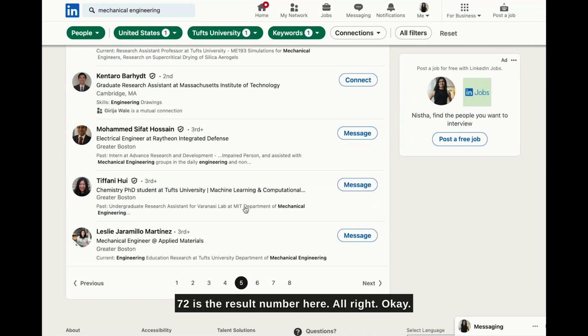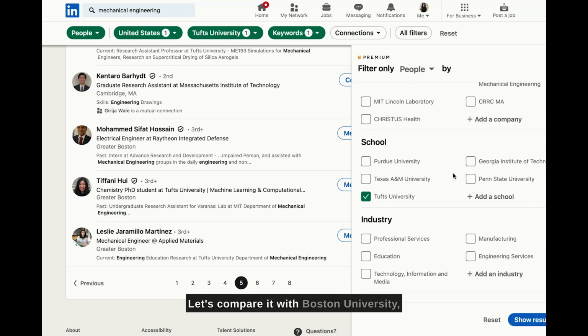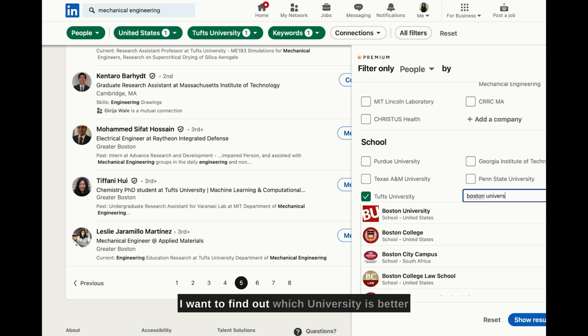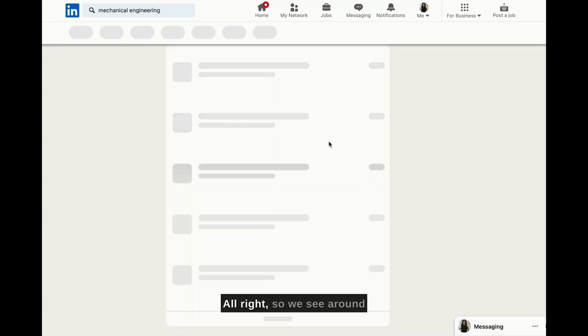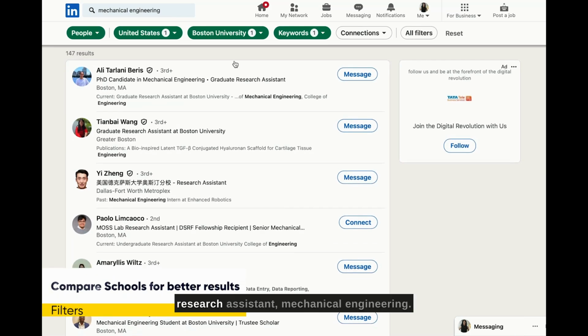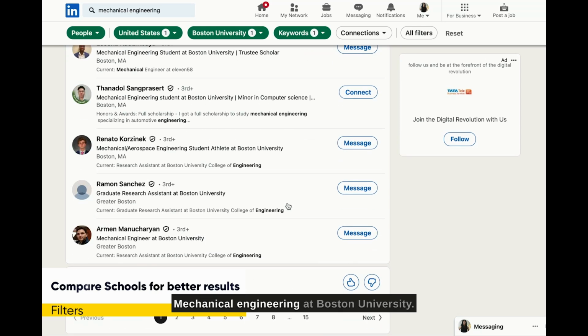All right. Now let's compare it with Boston University, because that's what I'm comparing against. I want to find out which university is better for me if I'm looking for funding. All right, so we see around 147 results here in comparison, so almost double the number. This is again a graduate research assistant, mechanical engineering at Boston University, research assistant.